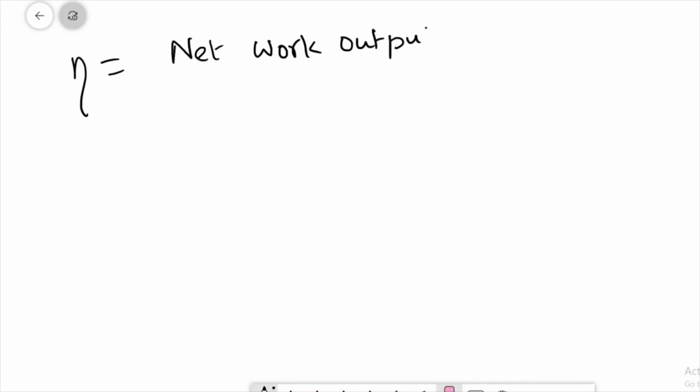Our efficiency for the gas turbine, based on the Brayton cycle, we define like this: net work output divided by heat supply.